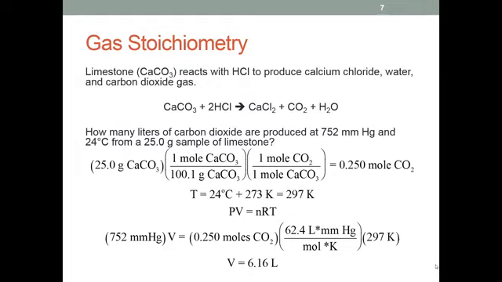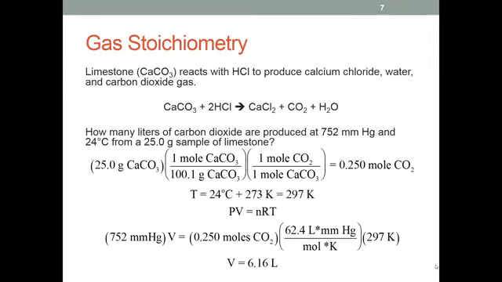This problem requires that before we find the volume of CO2 in liters, we use what we know about stoichiometry to calculate the moles of CO2. You notice in the ideal gas law, to begin with, we would be missing 2 variables otherwise. Both V and N would be absent from our equation. So we must use what we know about stoichiometry to find N before the ideal gas law becomes useful.